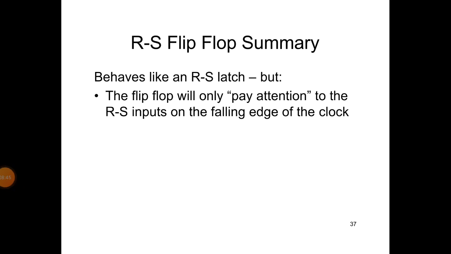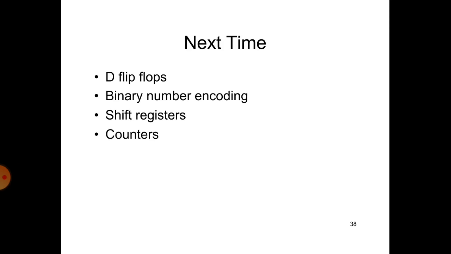So this slide shows RS flip-flop summary. So it behaves like an RS latch, but the flip-flop will only pay attention to RS inputs at the falling edge of the clock. So next, D flip-flops, binary number encoding, shift registers and counters.